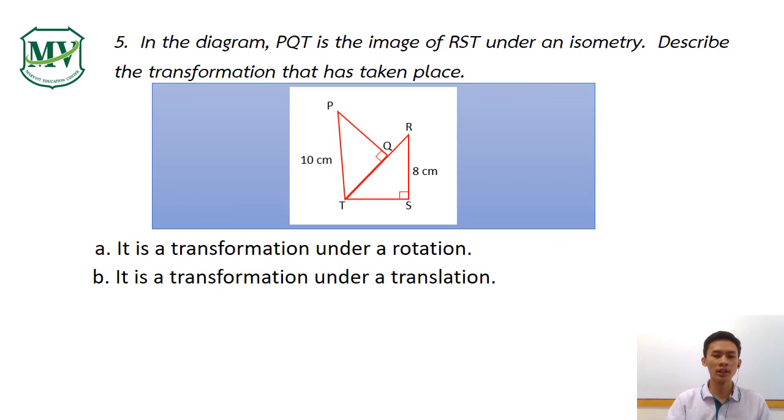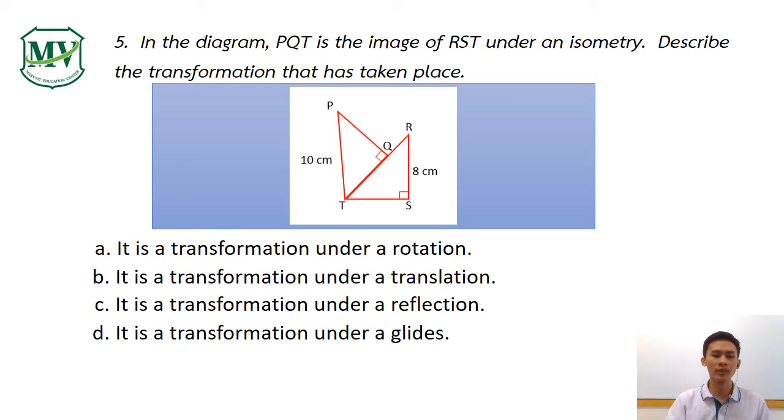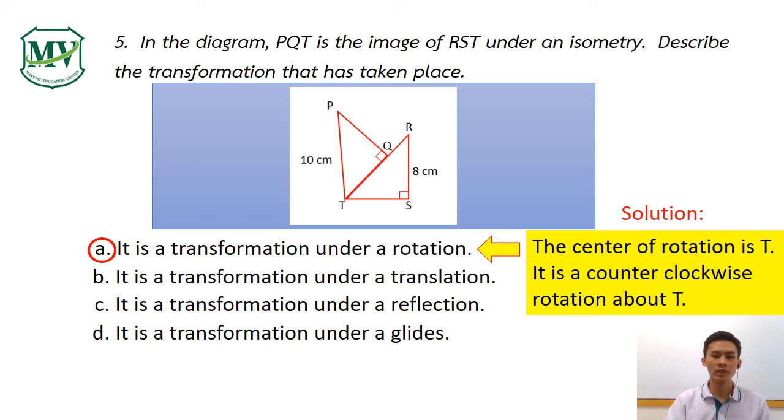Letter B, it is a transformation under a translation. Letter C, it is a transformation under a reflection. Letter D, it is a transformation under a glide. So the answer is letter A. For the solution, the center of rotation is T, so that means it is a counterclockwise rotation about T.